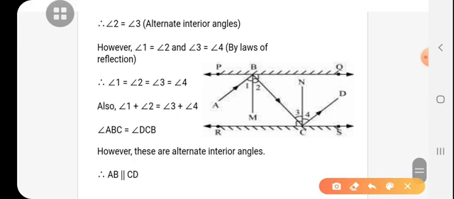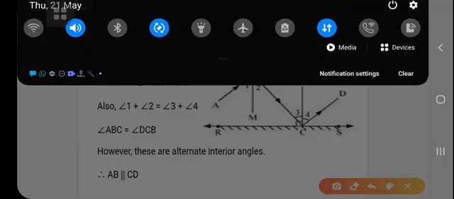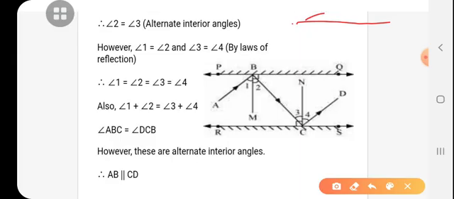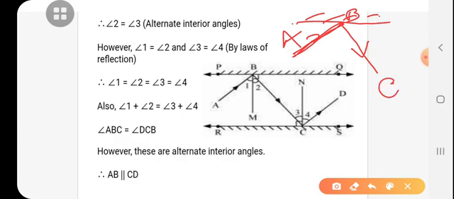Now, as it is a ray and it is reflection, in physics, by the law of reflection, if it is a mirror and a ray strikes here, this ray is called the incident ray, then it will be reflected here, and this ray is called the reflected ray. Suppose the name is here BA, so AB is the incident ray and BC is the reflected ray.